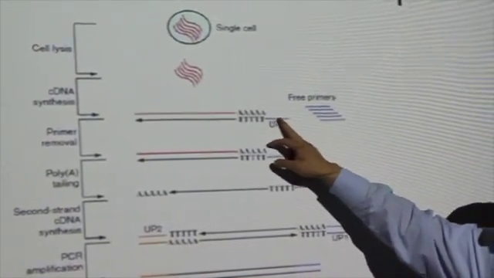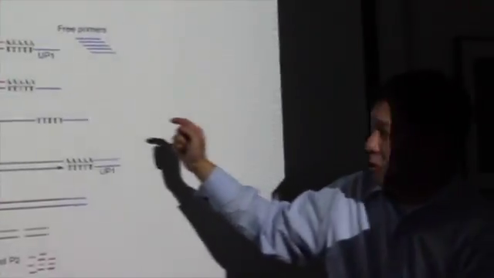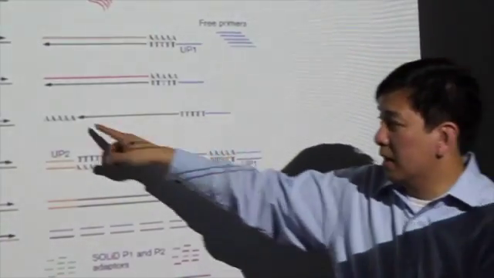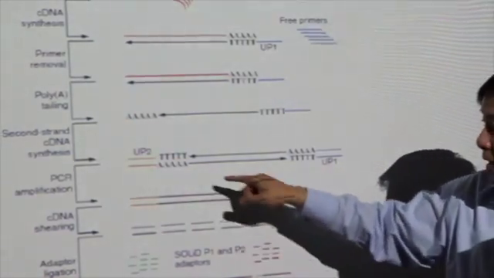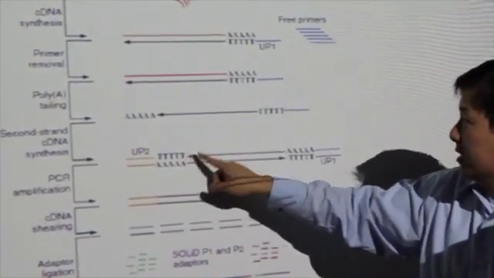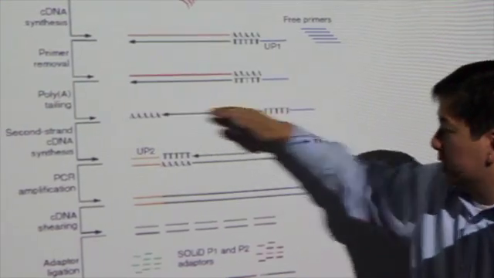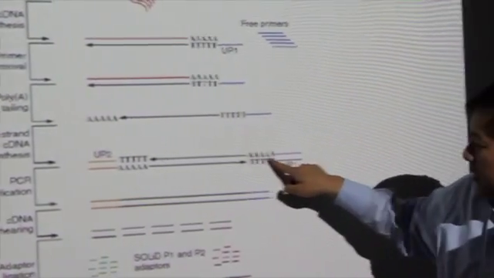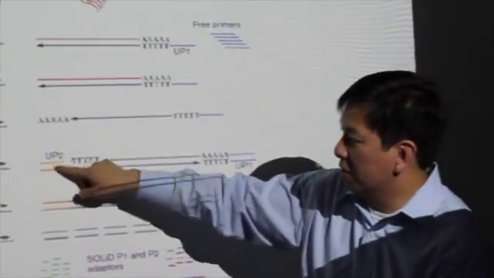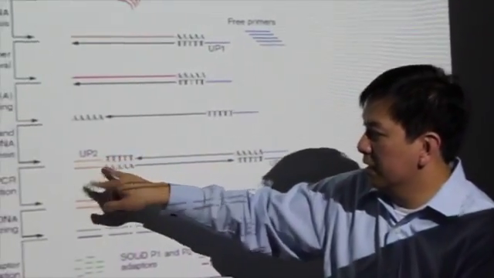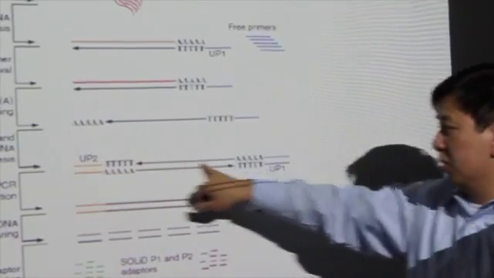Then you do first strand cDNA synthesis, and then you add a poly A tail with terminal transferase with dATP. Then you come in with another oligo-dT on this side. The RNA has been degraded at this point, and on this side all the A's are T's, so your oligo-dT will only bind to this side. Universal primer 2 sequence goes across the other way to fill in for double-stranded cDNA.